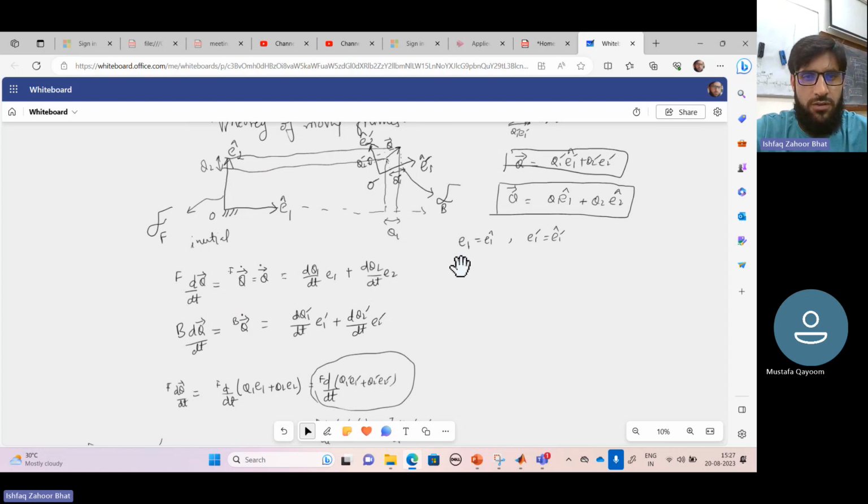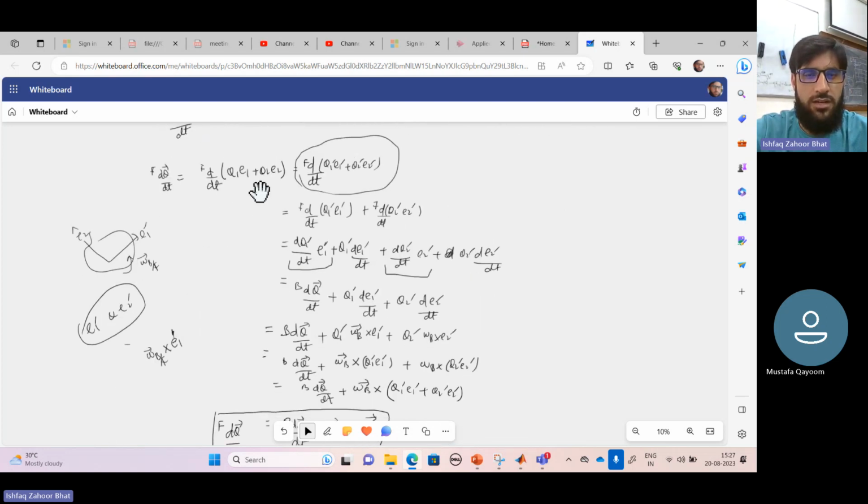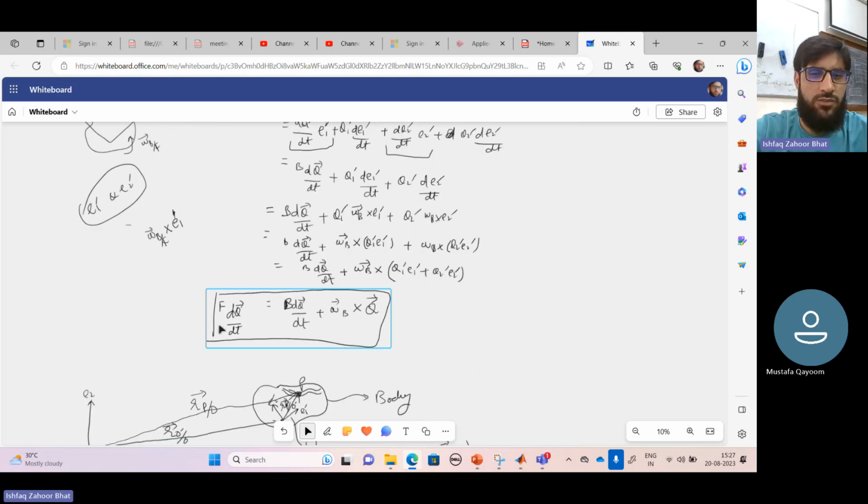So we found that it could be done using this formula. If we have some general Q vector, the derivative of the Q vector with respect to the fixed frame or the inertial frame, this can be any frame.